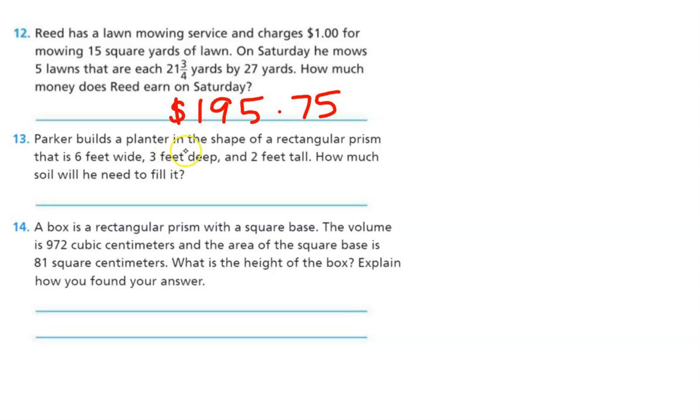So Parker builds a planter in the shape of a rectangular prism that is 6 feet wide, 3 feet deep, 2 feet tall. How much soil will he need to fill it? So that's very similar to that flower bed one we saw earlier.